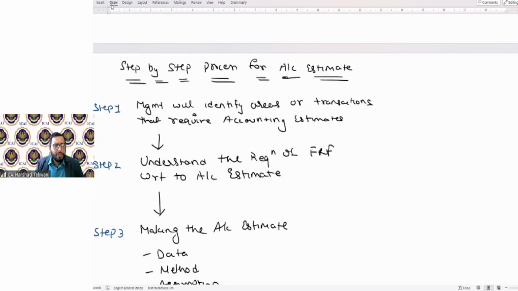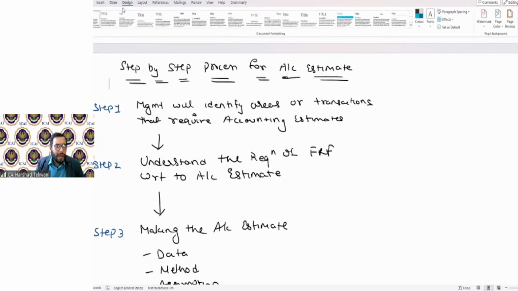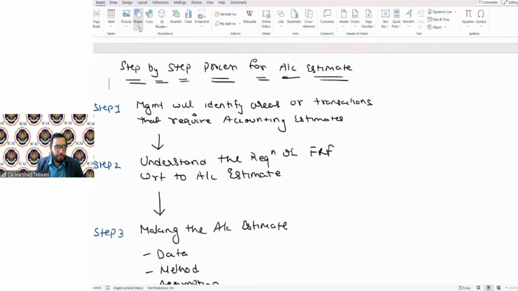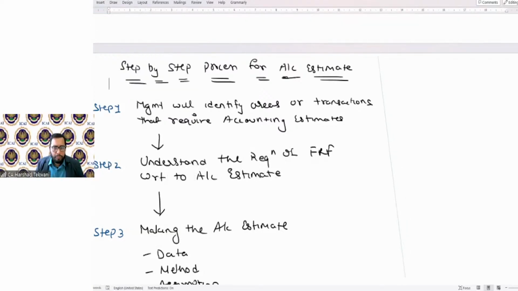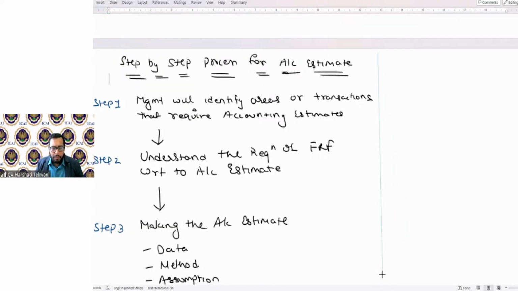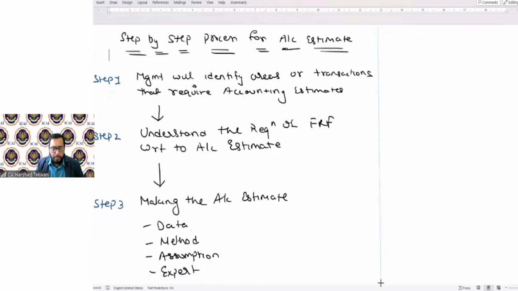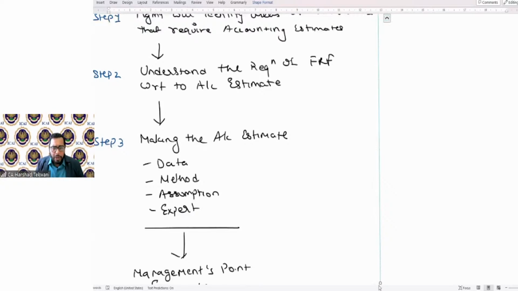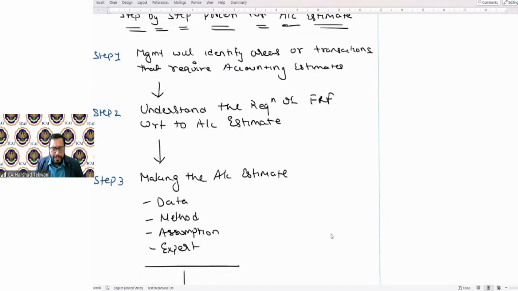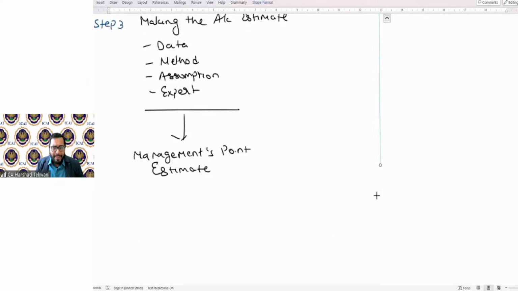Now comes the step of what we are required to do. So now I will note down the steps that we are required to do to understand this particular management estimate and to audit this particular management estimate.